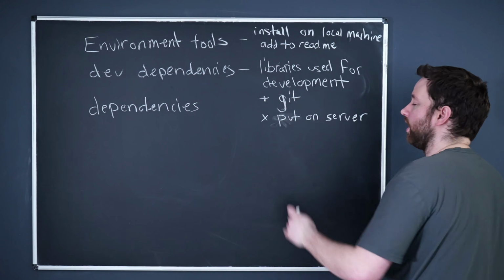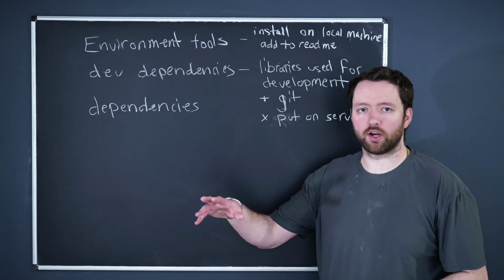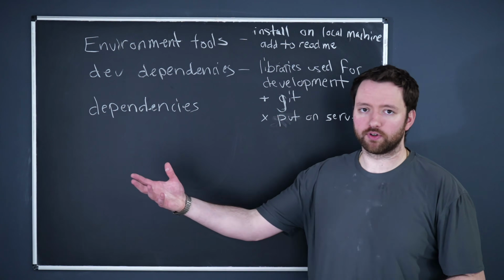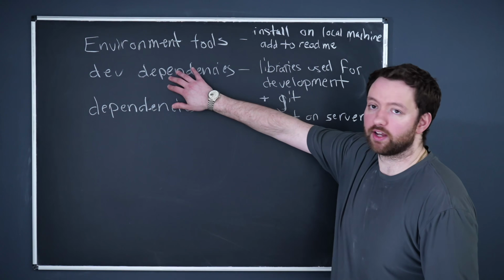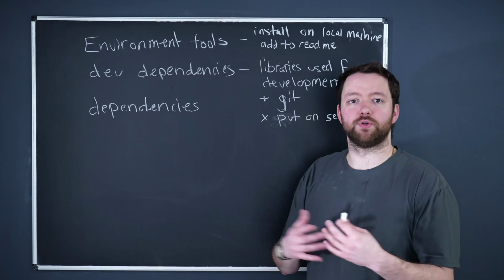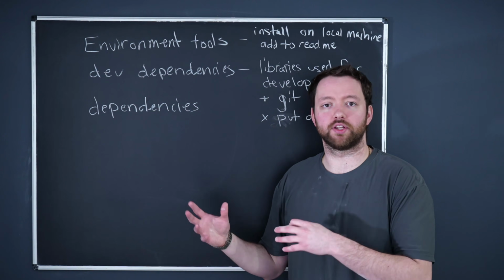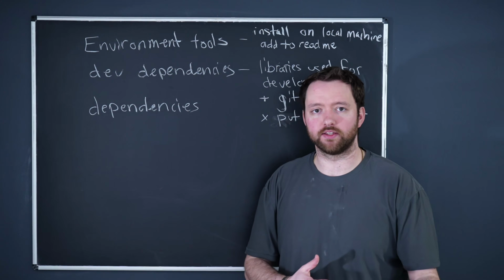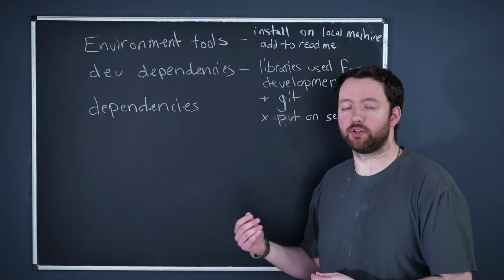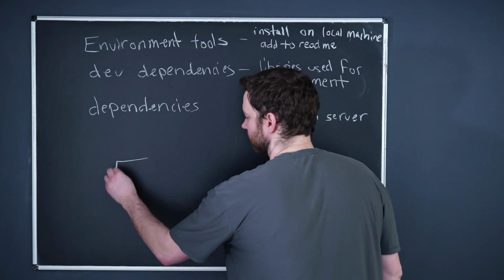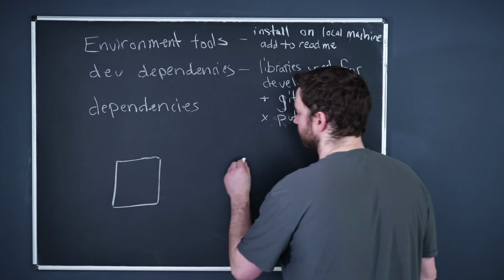So there's usually some way that you can indicate which libraries need to go on the server and which ones are dev dependencies. Then when you install those, you can usually pass a flag or something to say, I only want the non-dev dependencies. And that's the command that would ultimately be run on the server. So basically the dependencies are going to be installed twice.